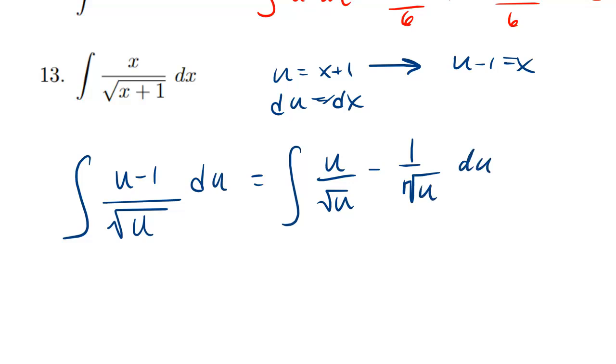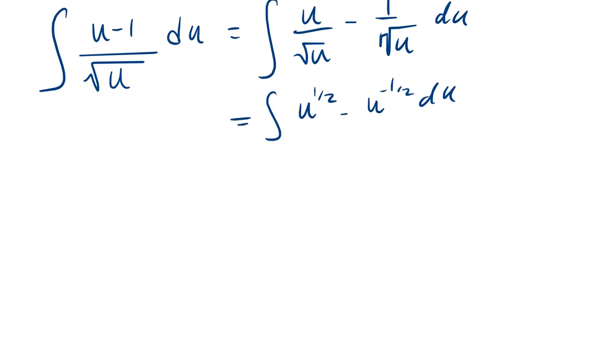And this changes that more complex thing into two simpler problems, because the first one is really just u to the 1/2 minus u to the negative 1/2. And for both of these, they follow the same pattern. Add 1, so u to the 3/2, divide by 3/2, which is the same as multiply by 2/3, minus add 1 to the negative 1/2, u to the 1/2, divide by 1/2, which is the same as multiply by 2, plus a constant.